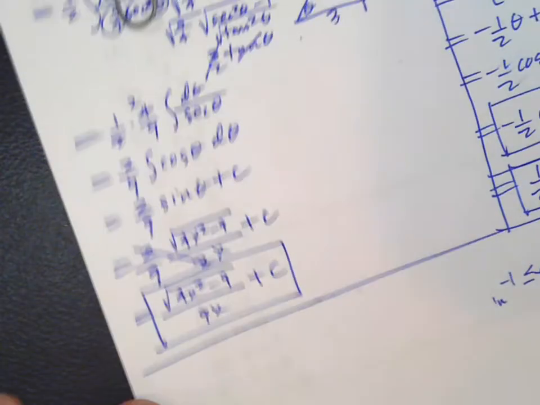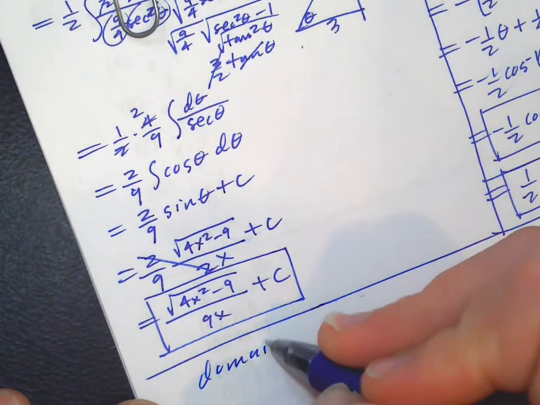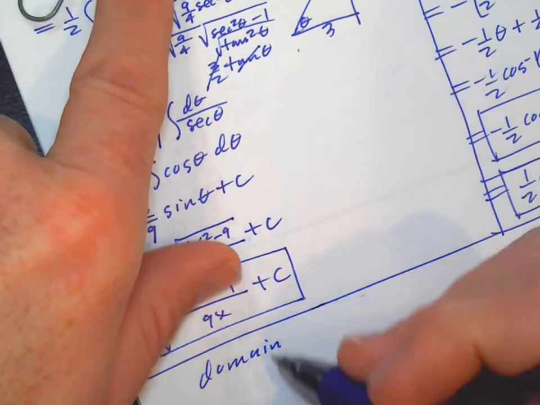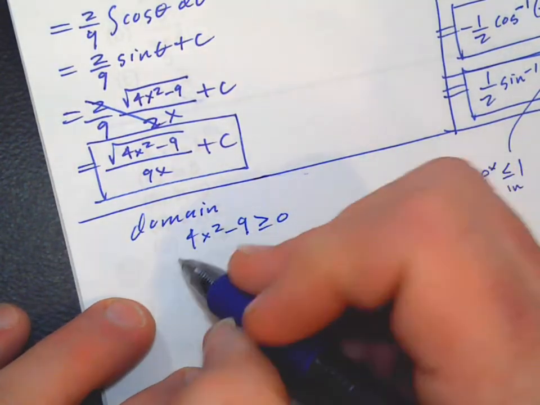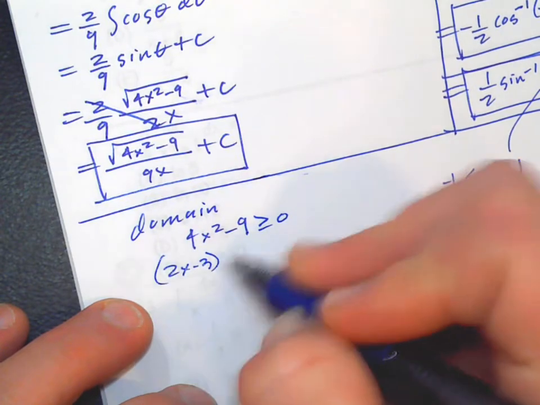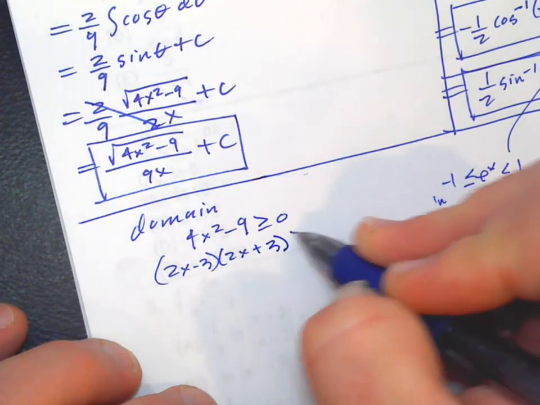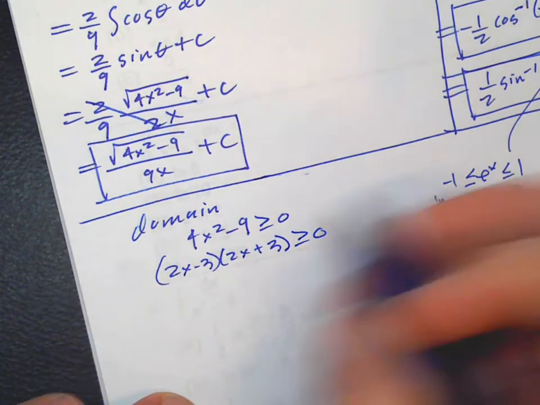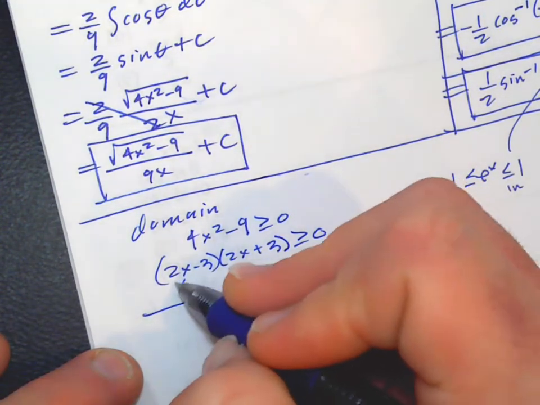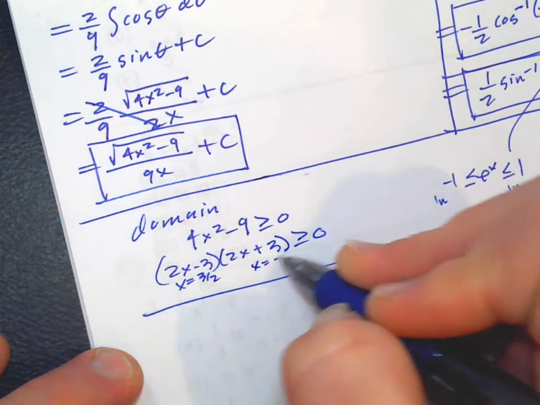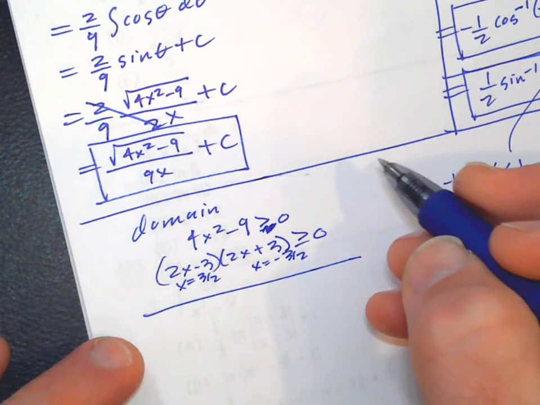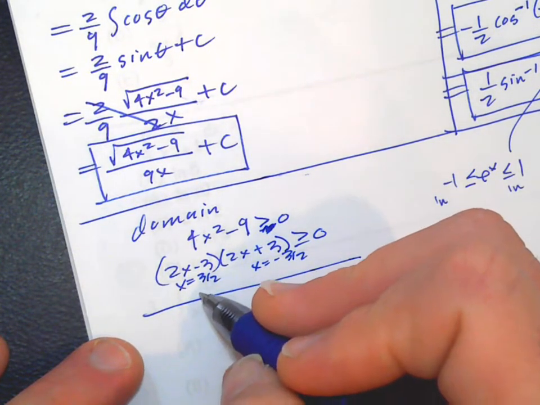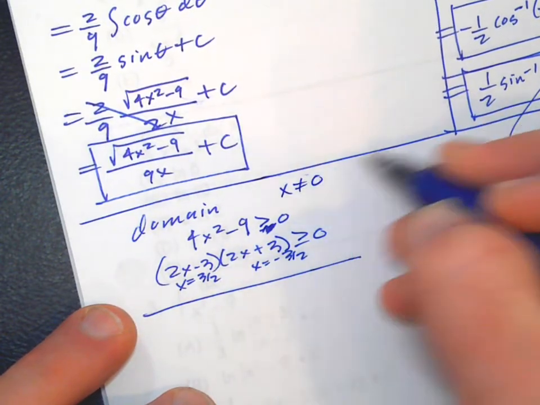And the domain for the last problem: the inside, 4x squared minus 9, has to be greater than or equal to 0. Usually on these problems we do line checks. So x equals 3/2, x equals -3/2. And x cannot be 0 itself either because that's in the denominator.